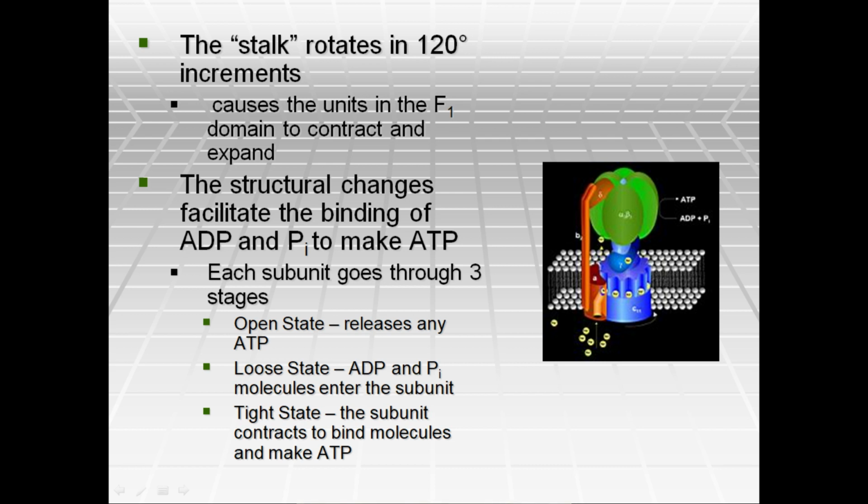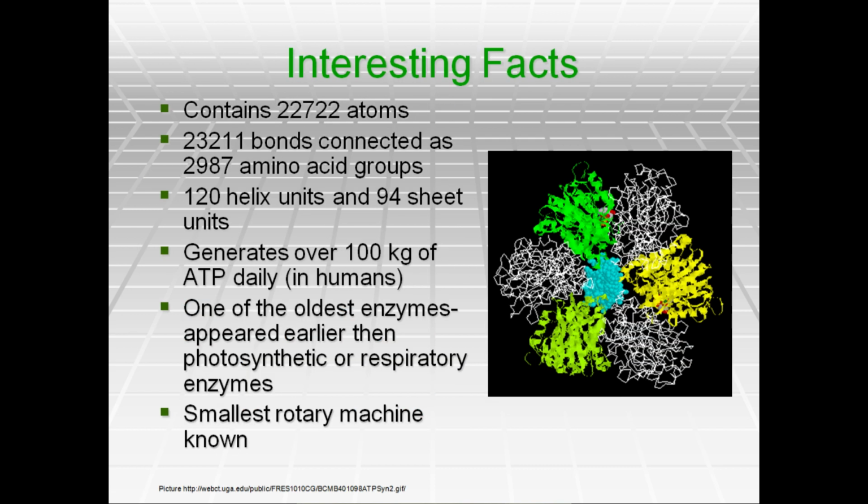When these subunits rotate with the help of the stalk, which rotates in 120-degree increments, it causes the units in the F1 domain to contract and expand. The structural changes facilitate the binding of ADP and Pi to make the ATP.